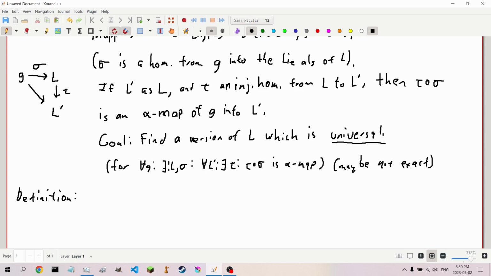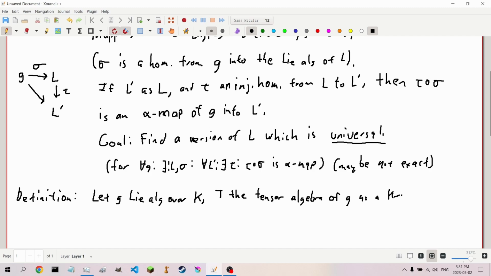So, let G be a Lie algebra over a ring K. I'm going to let T be the tensor algebra of G as a K module.